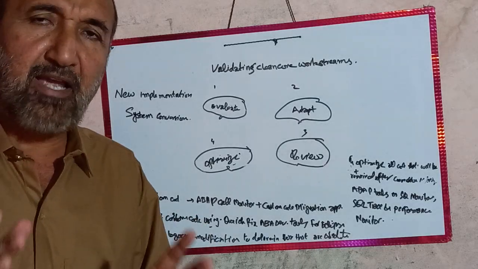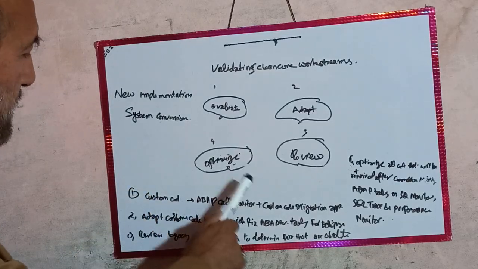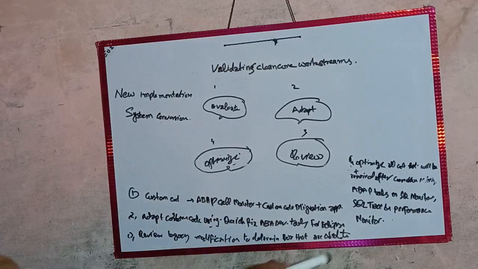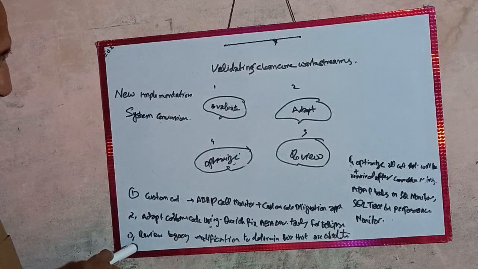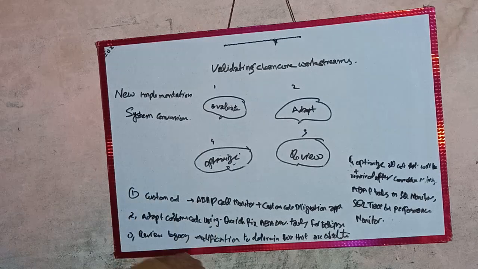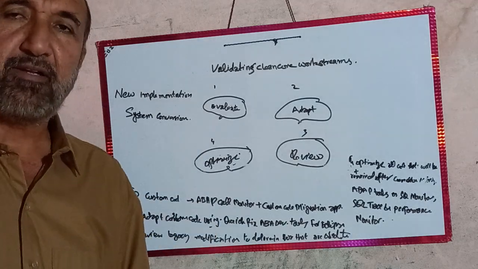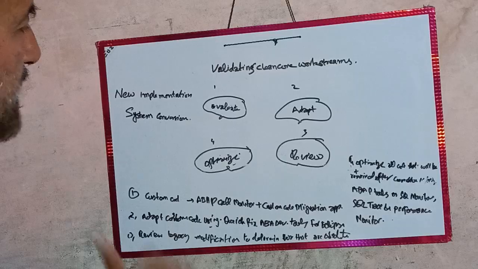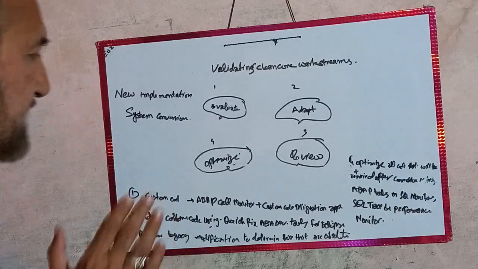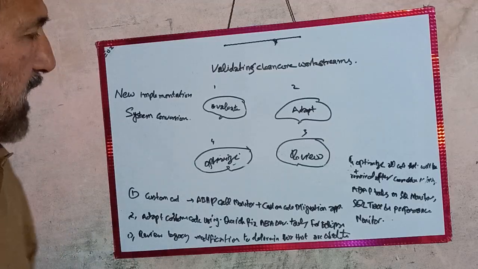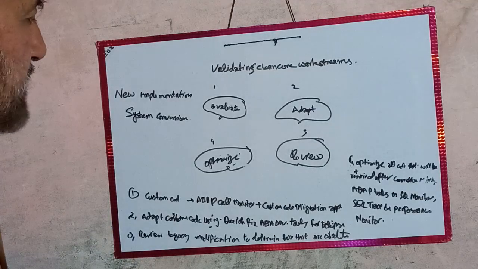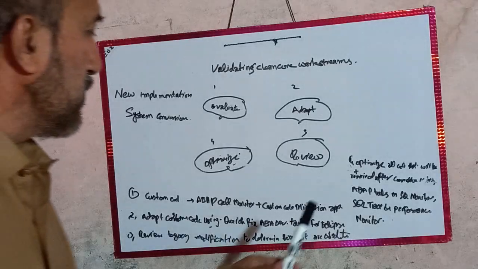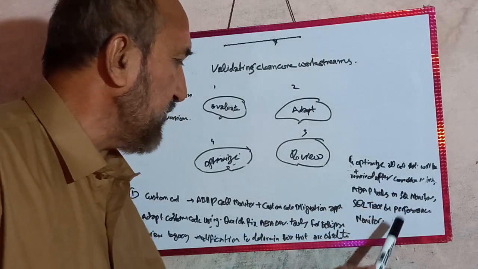We can validate by these tools: first, the custom code ABAP Call Analyzer plus migration app; second, by ABAP Development Tools quick fix; third, by obsolete determination. By the review workstream, we can remove unused, irrelevant and obsolete code. So the fourth one, optimize: all code that will be retained after conversion, after migration, in ABAP tools, it means SQL Monitor, SQL Trace, and Performance Monitor.